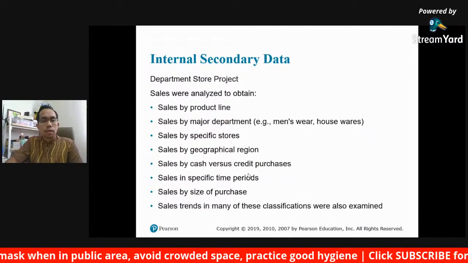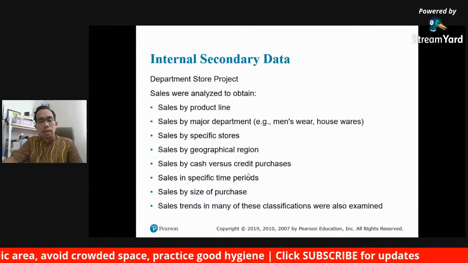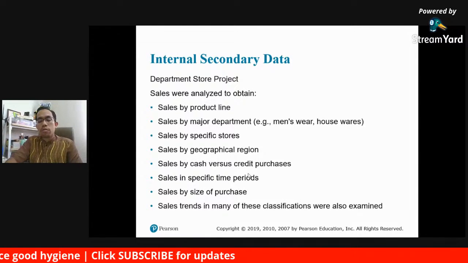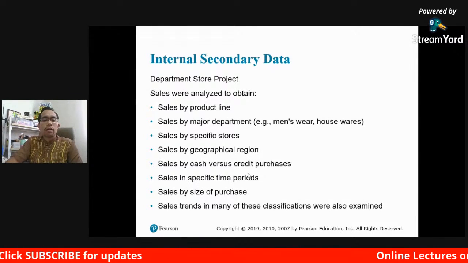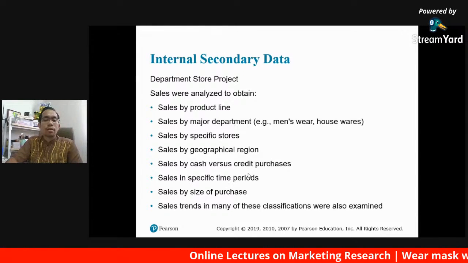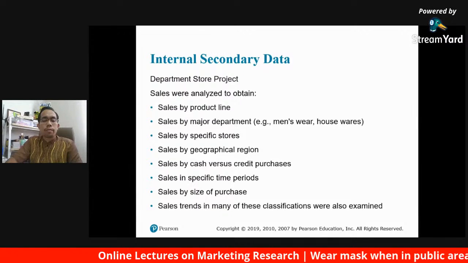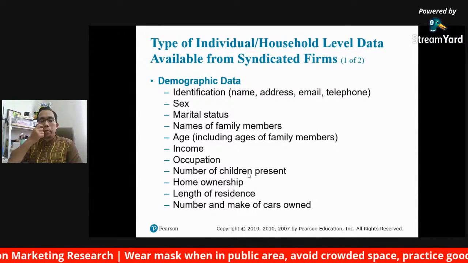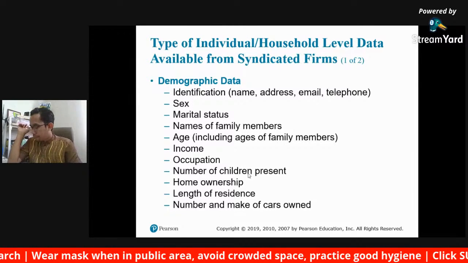Examples of internal secondary data are what was listed there: sales, the trend, the size. Right, this is another example.